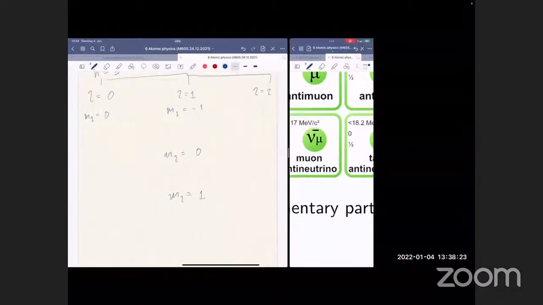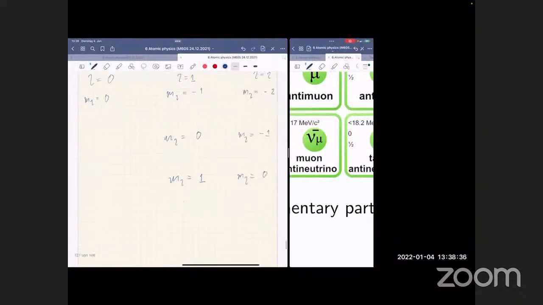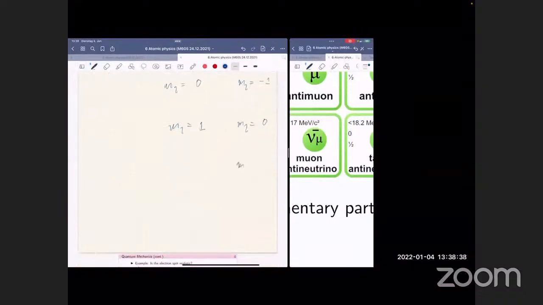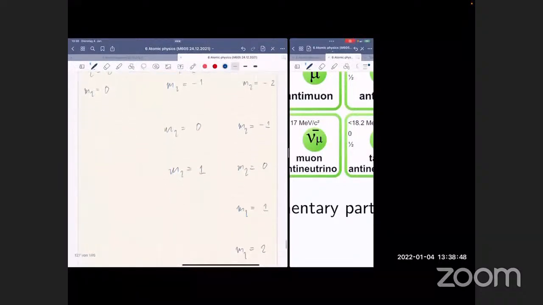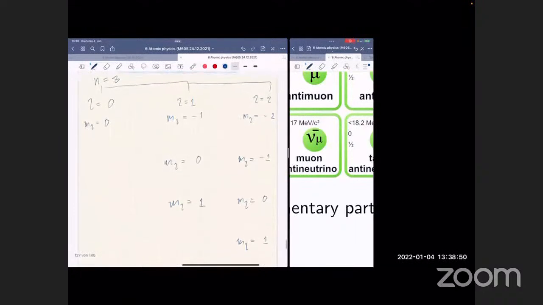And for L equal to 2 you have ML equal to -2, ML equal to -1, ML equal to 0, ML equal to 1, and ML equal to 2. Okay, and that's the 5 possibilities for L equal to 2.